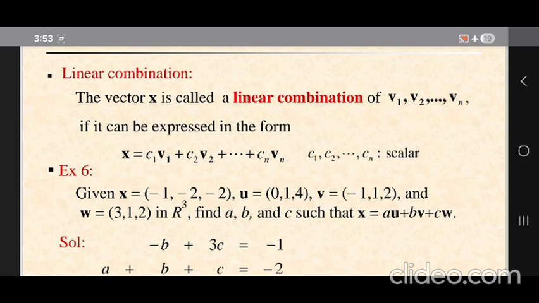Then another example: x equal to minus 1, minus 2, minus 2, u equal to 0, 1, 4, v equal to minus 1, 1, 2, and w equal to 3, 1, 2 in R^3. Find a, b, c such that x equal to au plus bv plus cw.